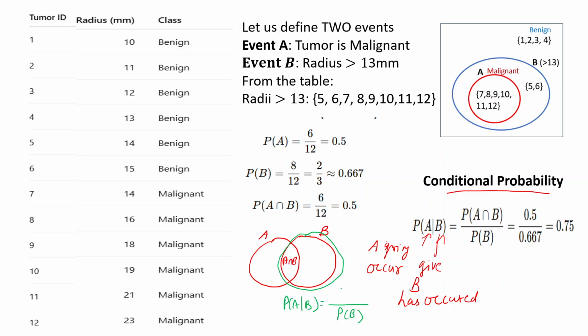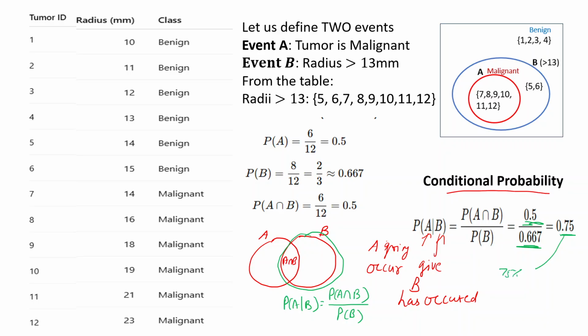At that time, it becomes the probability of A intersection B divided by the probability of B. That is, whenever we have to calculate the conditional probability, the probability of event A occurring given B has occurred, it will be the probability of A intersection B divided by the probability of B. Now, for this tumor radii example, the probability of A intersection B is 0.55, and the probability of B we got is 0.667, and it comes to the value 0.75. That indicates it is 75%.